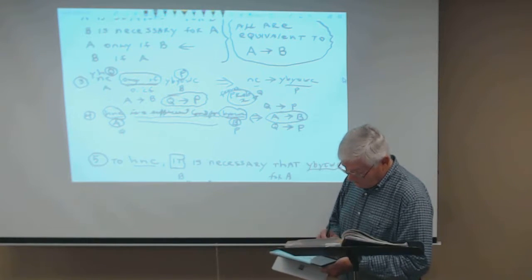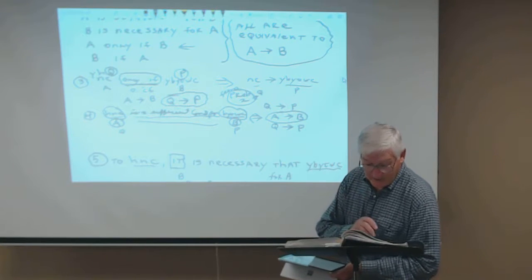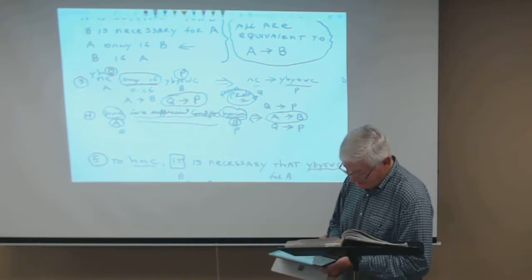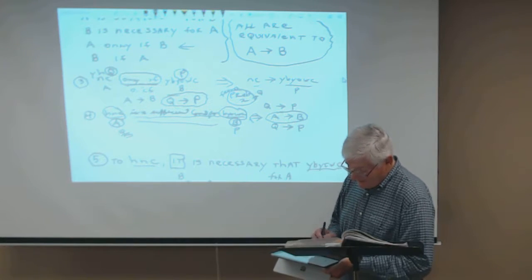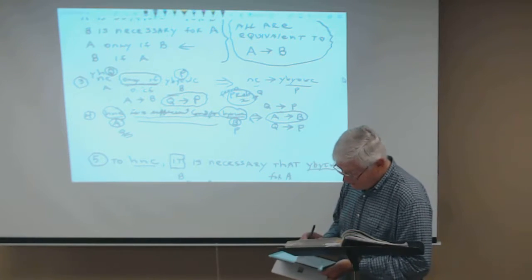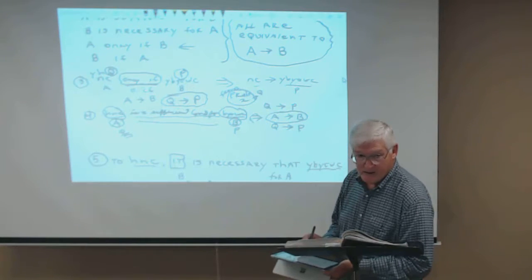But what was A? Having no cavities. What did they tell me? What letter did they say to use for having no cavities? Q. And what letter did they say to use for brushing your teeth with clean?